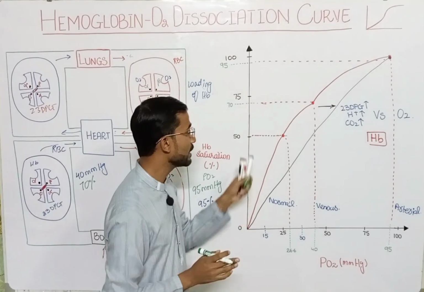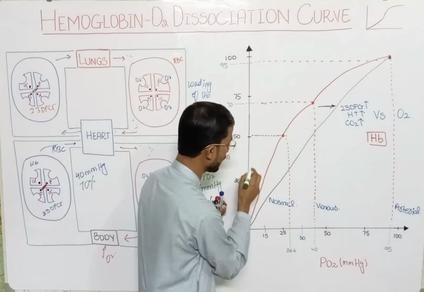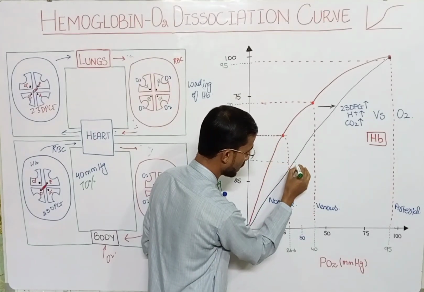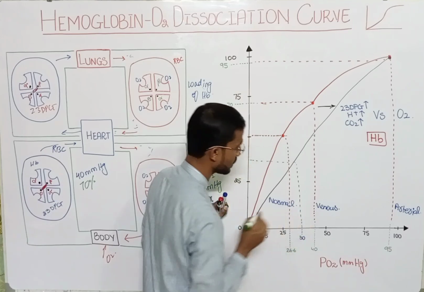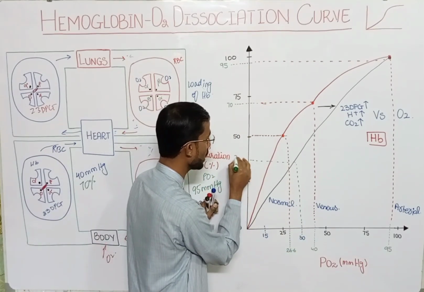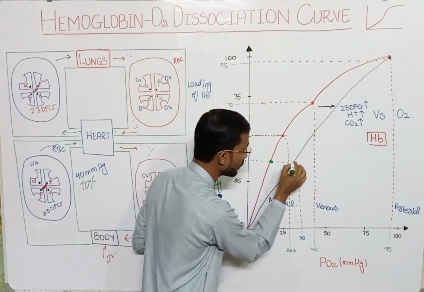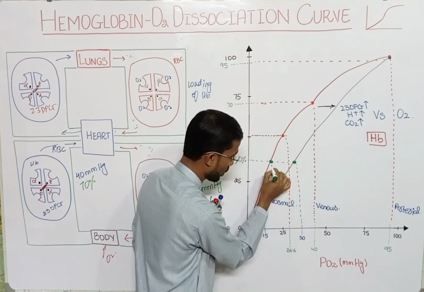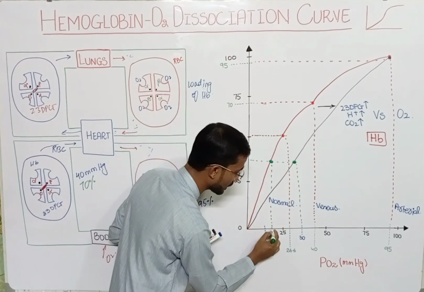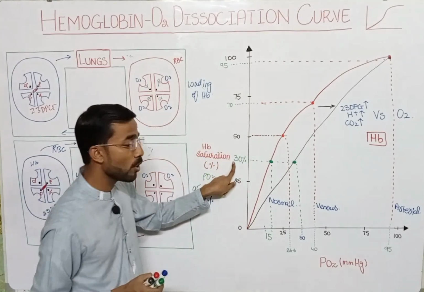If we compare the normal curve with the right curve, you see these two situations. Let's suppose this is 30% saturated, and here at 15 millimeters of mercury.